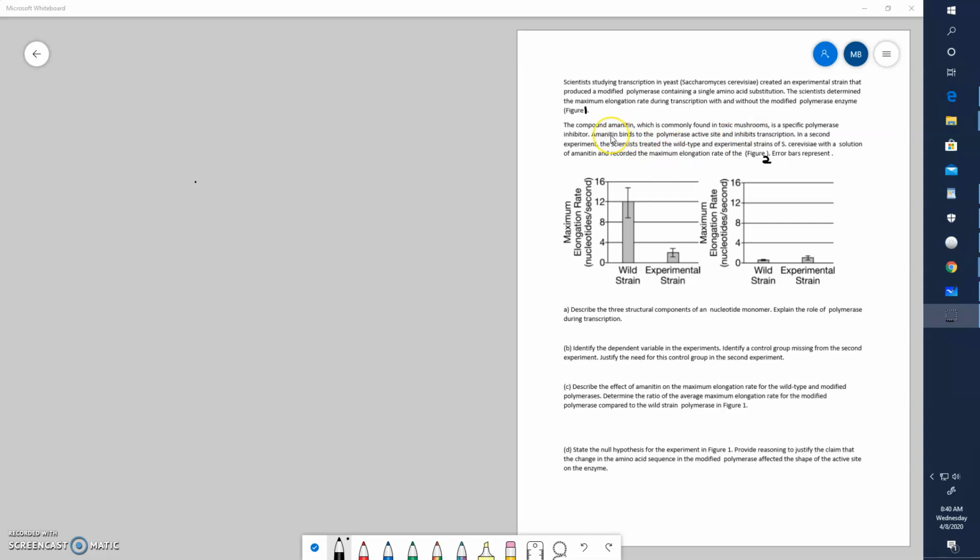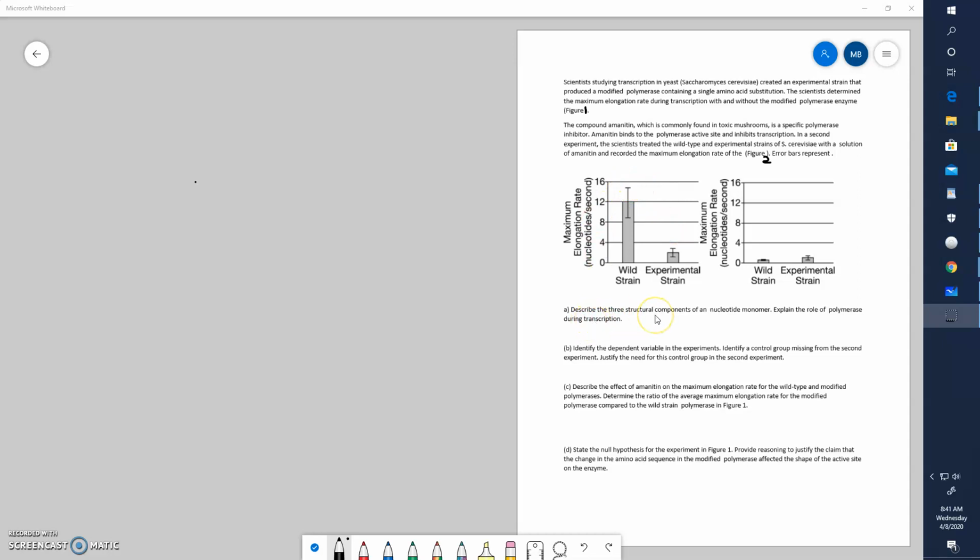The amatoxin binds to the polymerase active site and inhibits transcription. So in the second experiment, they treated both types of yeast with amatoxin and recorded the rate. And they've got error bars, and I explain error bars in the video you're hopefully watching today.